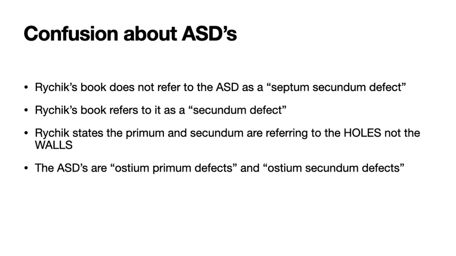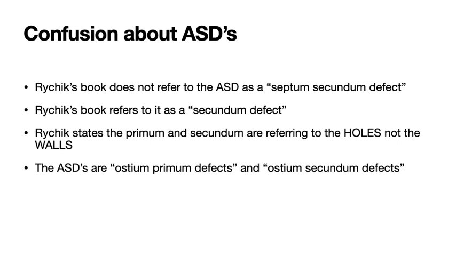Abu Hamid refers to this as a, quote, septum secundum defect, whereas Jack Rychik's book from Penn refers to it as a secundum defect. And the difference here is Rychik states that primum and secundum, when you're talking about atrial septal defects, are the holes, not the walls. So Rychik's book doesn't ever use the term septum secundum defect.